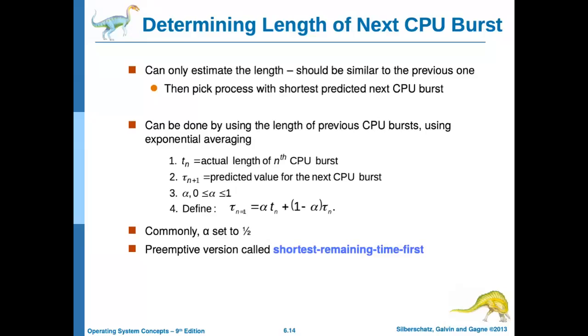But the thing is how to determine the length of the next CPU burst, and for that this estimate is given, which is based on the length of the previous burst. So first of all, we estimate the length and then we apply the SJF algorithm, where we pick the process with the shortest next CPU burst.